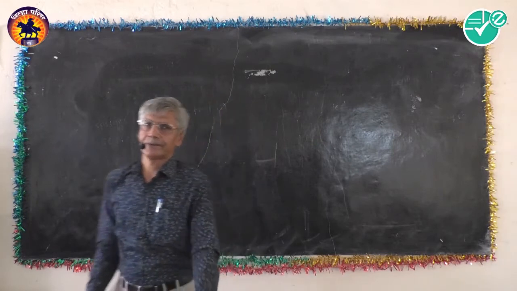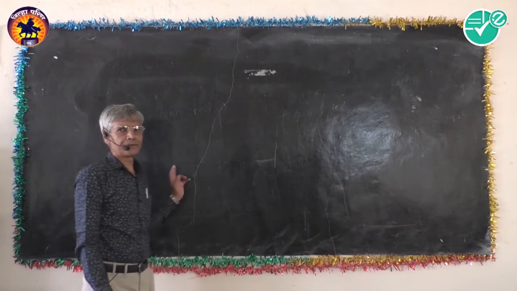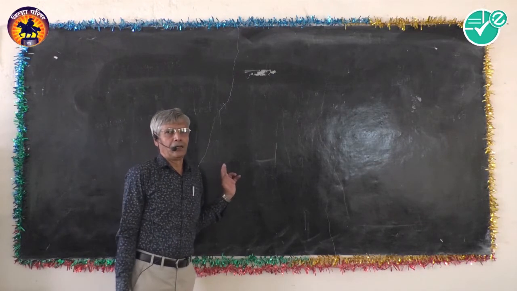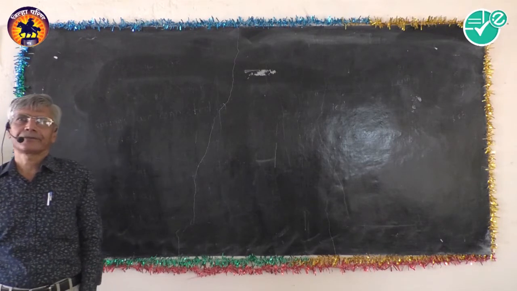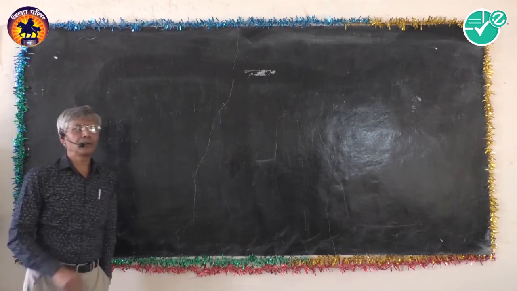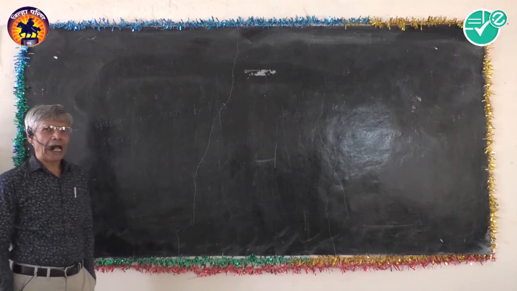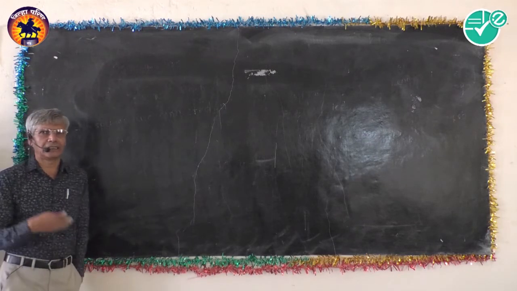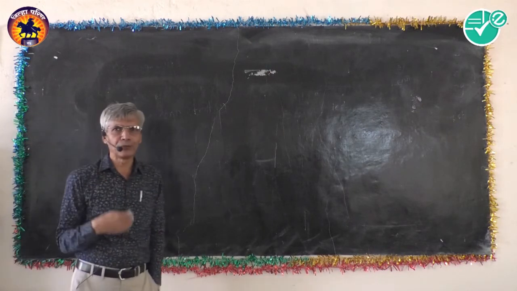Now we will discuss the third part, that is the differential equation of linear SHM. Suppose that a particle is performing linear SHM, and at a given instant the particle is at a distance x from its mean position.